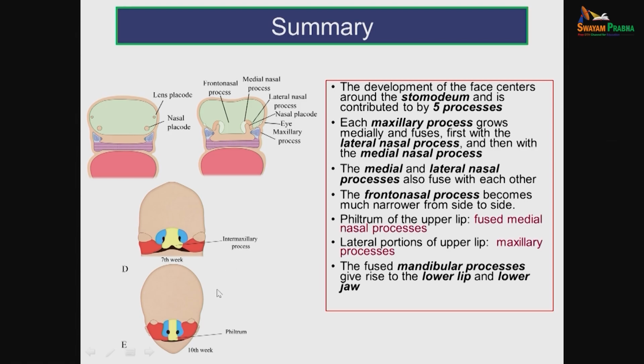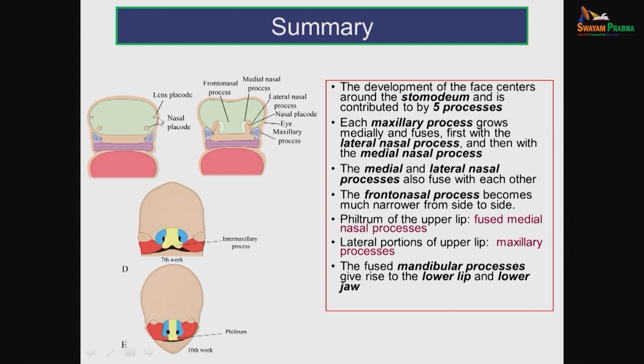I will just summarize what we have learnt till now. The development of face centers around the stomatodium, which is the future mouth, and is mainly contributed by 5 processes, namely frontonasal process, maxillary process and mandibular process.